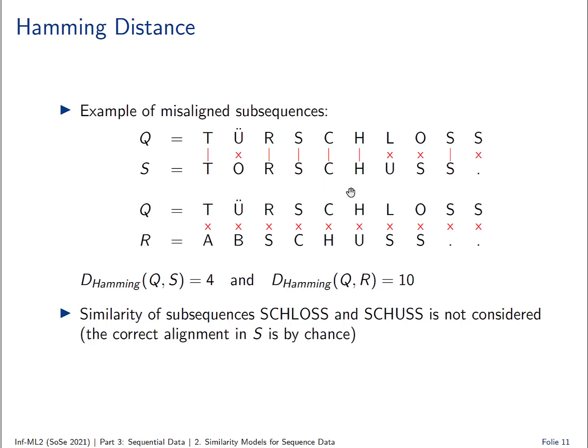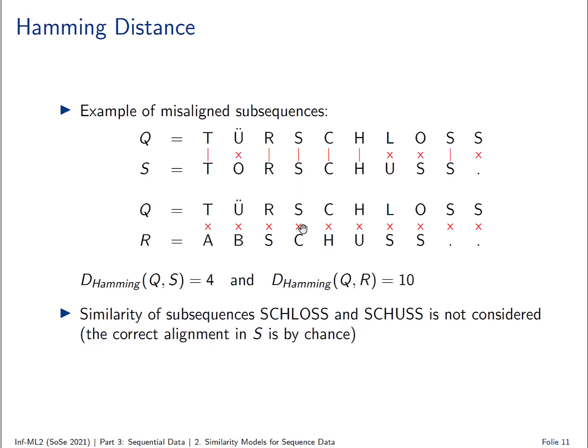If we have a closer look, we have here the matching of this SCH and SS down here, and the same here. Here we have another matching, but we cannot align these similar subsequences of Abschuss with Türschloss, so the alignment here is better than here.